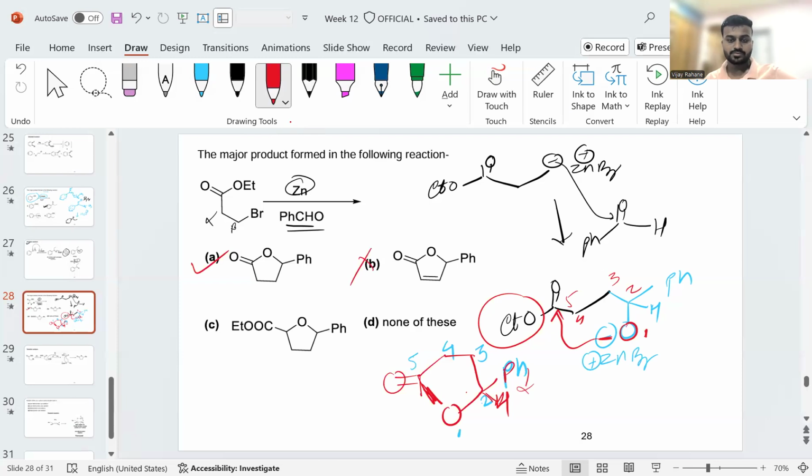Option B is just for confusion. There will be no involvement of a double bond. And in this case also, they have increased one proton, right? So this is also not the case. So option A is the correct option here.